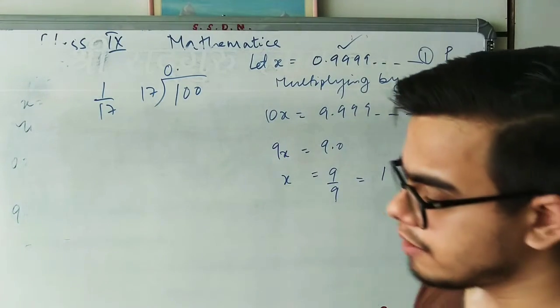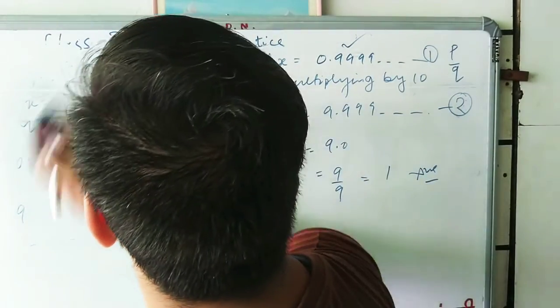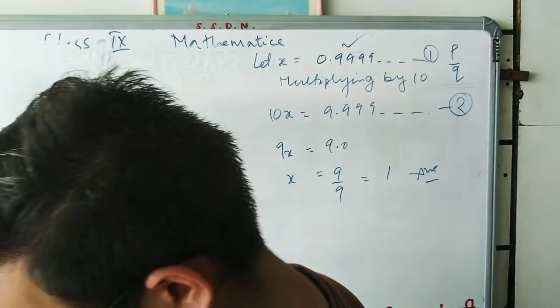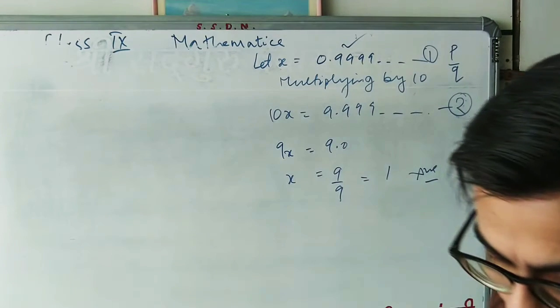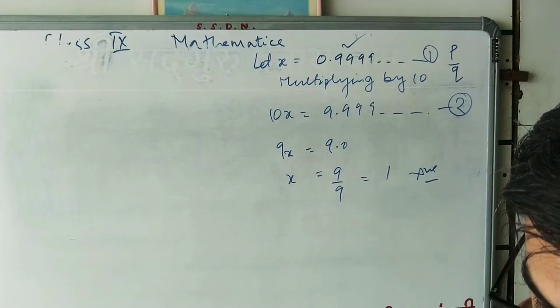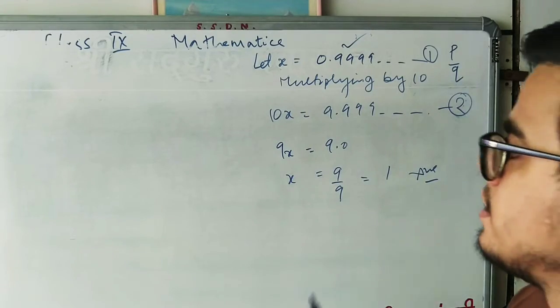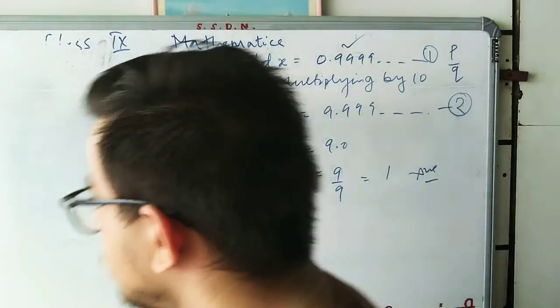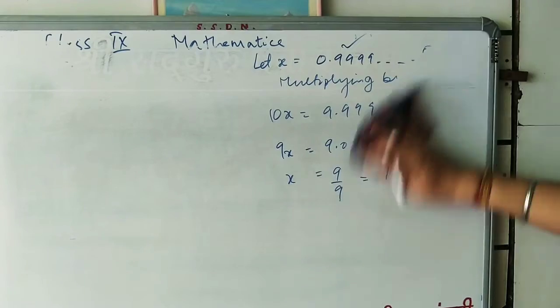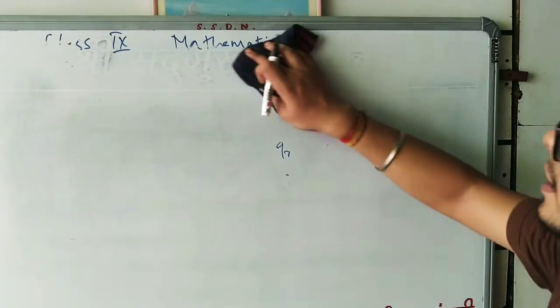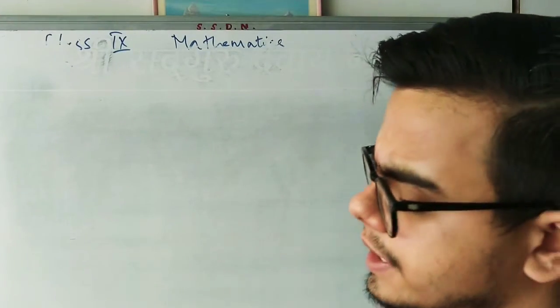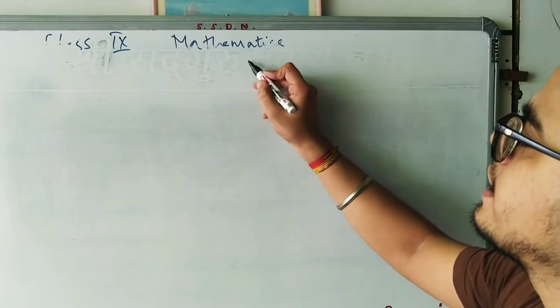Now majorly we have to see question number 7, which is to write 3 decimal expansions which are non-terminating and non-recurring. Non-recurring means they are not repeating. I have told you in my previous video when I was explaining non-terminating and non-repeating decimals.